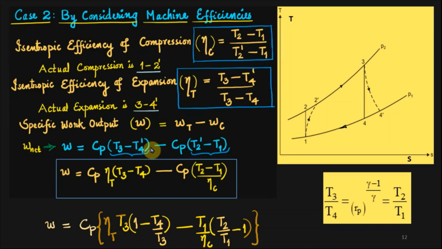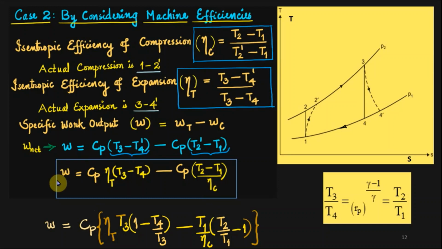So T3 minus T4 dash can be replaced by eta suffix T multiplied by T3 minus T4, and T2 dash minus T1 can be replaced by T2 minus T1 divided by eta suffix C.